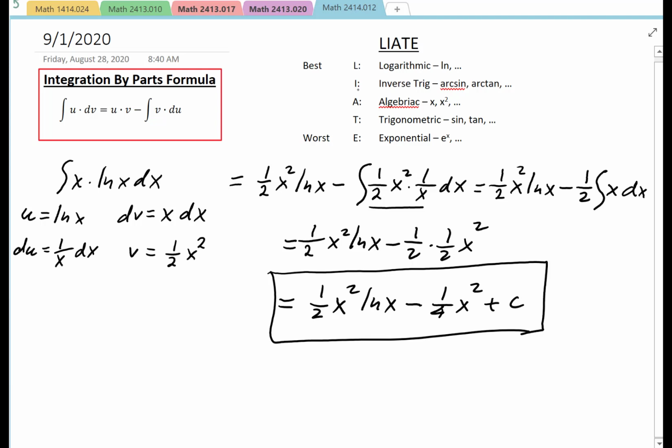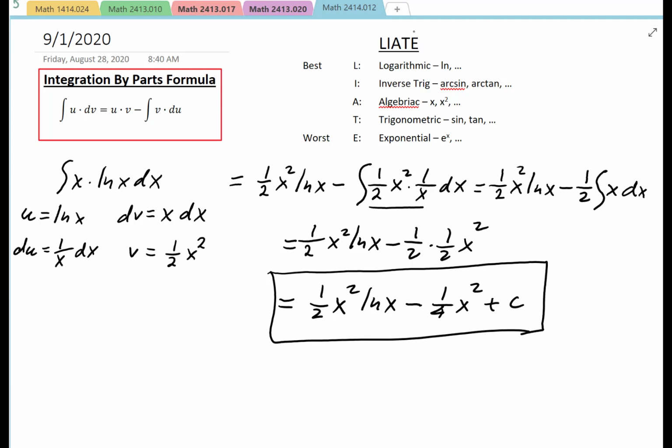Second best choice is I for inverse trig. Next is algebraic, which was what we chose in the first example. The fourth best, or the second worst, is trigonometric functions. And the absolute worst choice for u is exponential functions. And if you go by this rule of LIATE, you'll never go wrong on your choice for u.